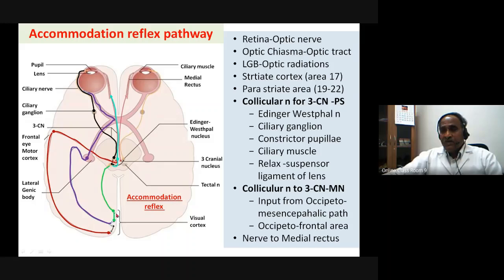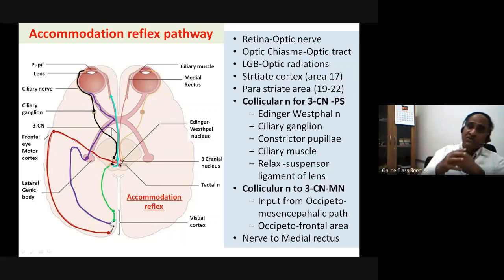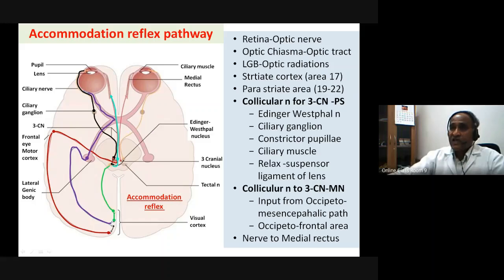Then we have another thing. From the tectal nucleus, through the reticular formation, it connects to the third cranial nerve, because the third cranial nerve has two components. One is the parasympathetic division in the Edinger-Westphal nucleus, and the other is a motor division that supplies the ocular muscles.